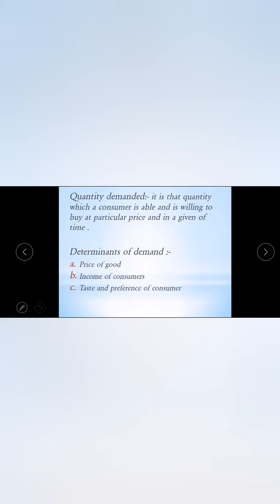You are willing to buy at a particular price and given time. Got an idea? Next is determinants of demand. What are the determinants of demand? Price of goods, income of consumer, taste and preference of consumer. We'll see the price of goods, we'll see the income of ours, and we'll see taste and preference.